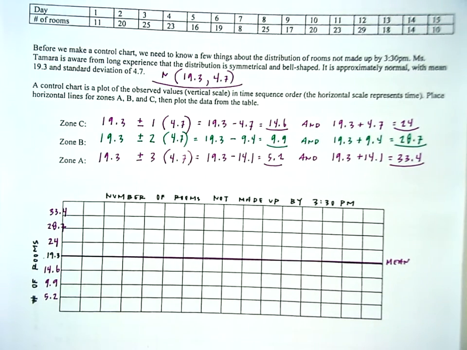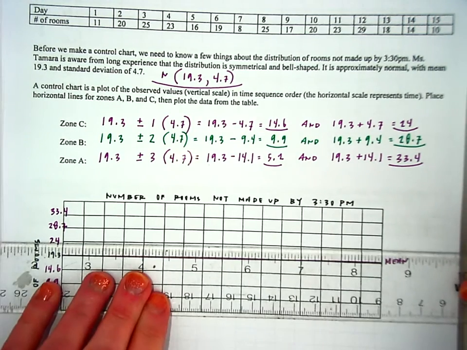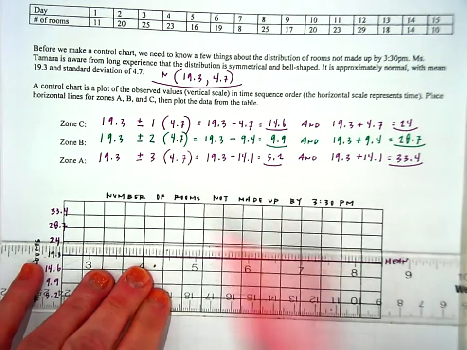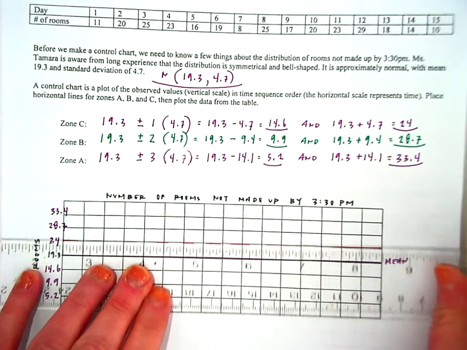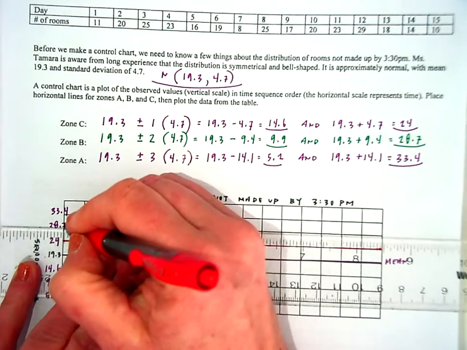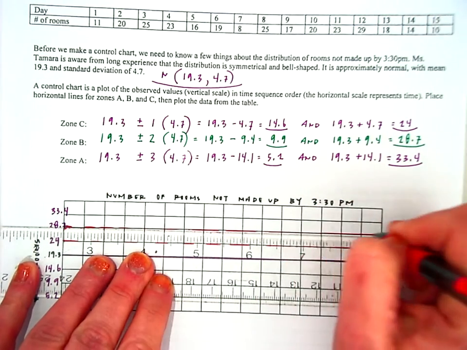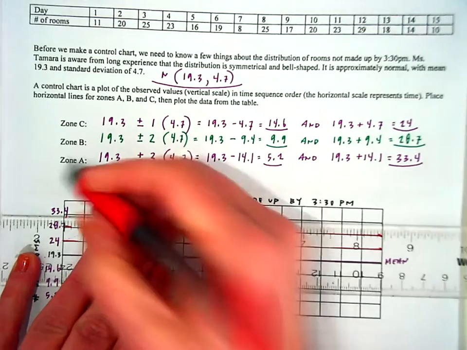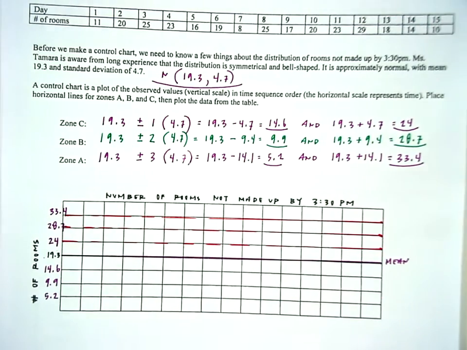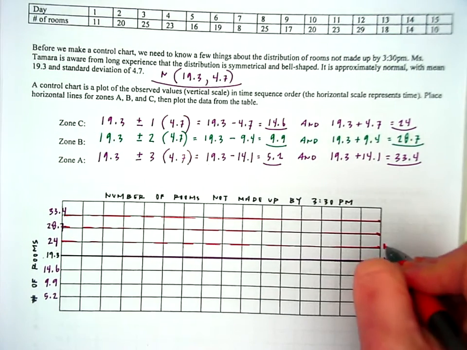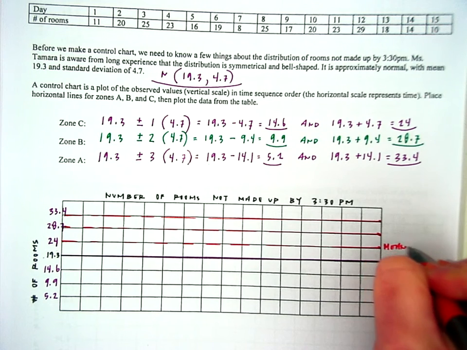Then I usually draw in dotted pathways for all of these markers. Could be solid, it does not really matter. I'll draw them dotted. I'm doing all the upper ones first. So we know that right here is the mean plus 1 standard deviation.